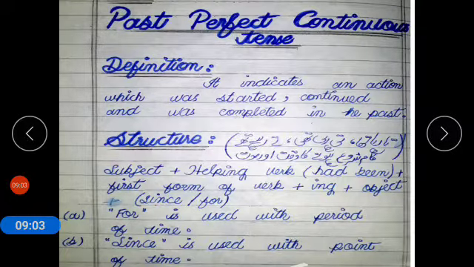Structure: Urdu sentences end on ta raha tha, rahi thi, rahe the, and we will use since and for for time duration in it. The structure is subject plus helping verb had been, first form of verb plus ing, and object. The use of since and for: for is used with a period of time, since is used with a point of time.